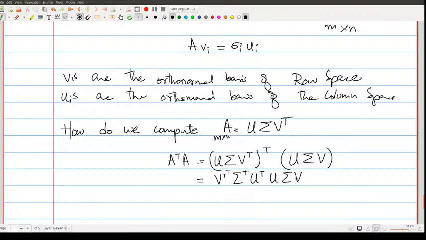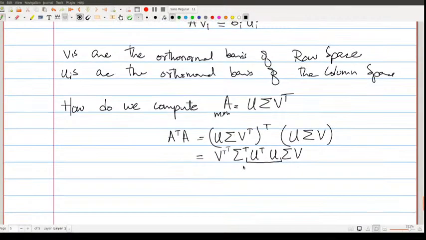Recall that U was orthogonal, which means U transpose is the same as U inverse, which gives me V transpose. Well, V transpose transpose is just V. Oops, I missed a transpose here. By the way, sigma transpose is just sigma, right? Sigma is a diagonal matrix, which means when you transpose it, you get a square matrix.